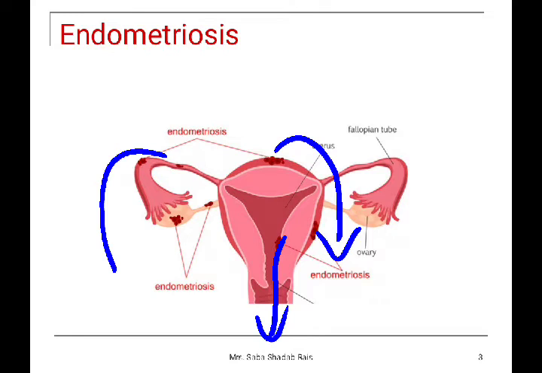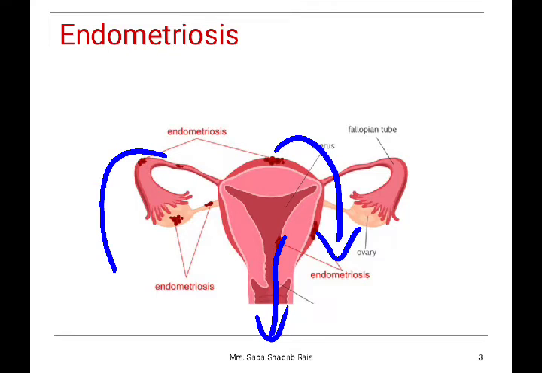So this endometriosis is not very common, but still 1 to 3% of infertile women pose this particular problem. There is an increased chance of endometriosis in women who have a uterine cycle of less than 27 days, or those who have heavy menstrual flow for more than 1 week.